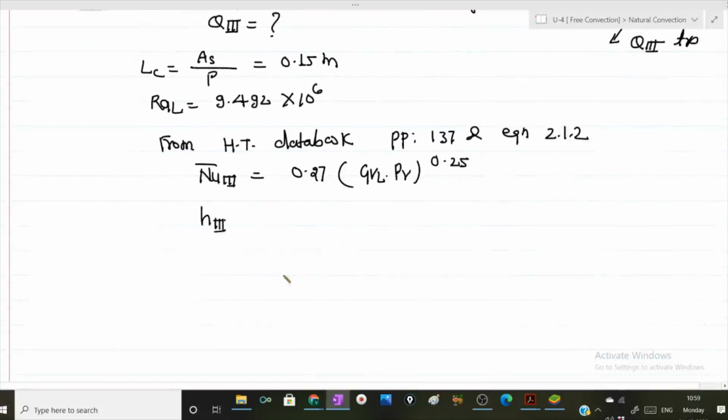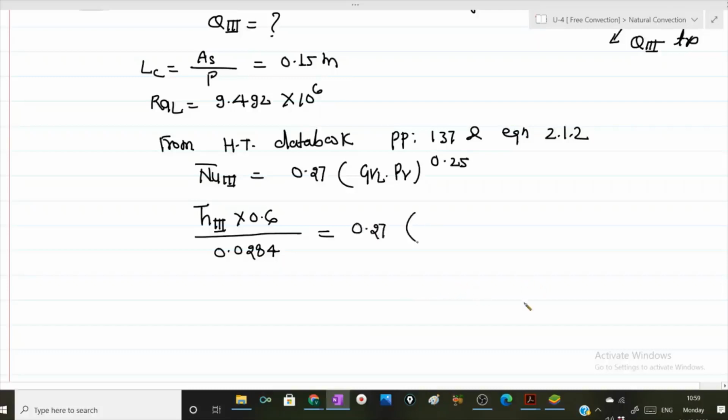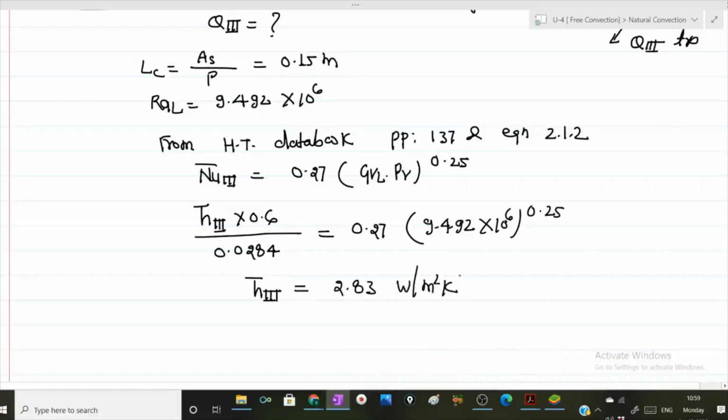Nusselt number can be expressed as h bar 3 into 0.6 over 0.0284 is equal to 0.27 into 9.492 into 10 to power 6, power 0.25. So from here the value of average heat transfer coefficient in case number 3 comes out 2.83 watt per meter square Kelvin.